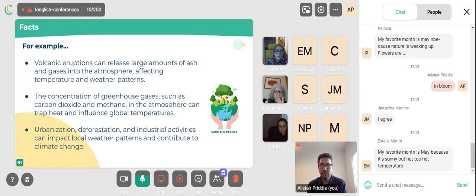The concentration of greenhouse gases, such as carbon dioxide and methane in the atmosphere can trap heat and influence global temperatures. Urbanization, deforestation, and industrial activities can impact local weather patterns and contribute to climate change.